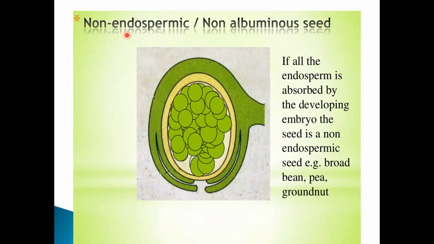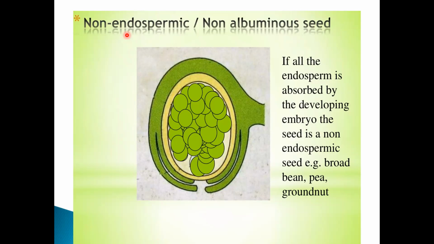The seed which does not have any endospermic tissue present, or any remnants or remains of the endosperm in the seed, is called a non-endospermic seed or non-albuminous seed.